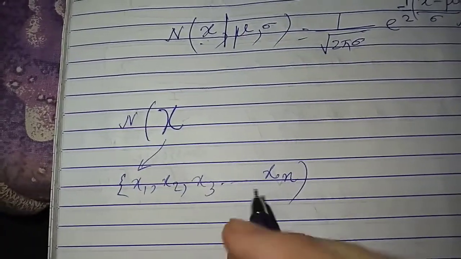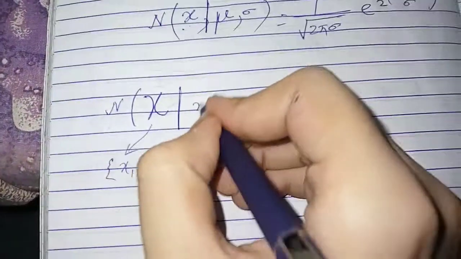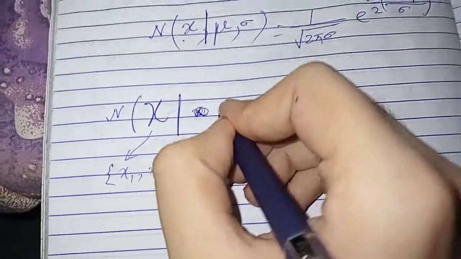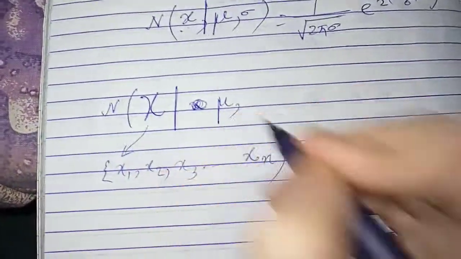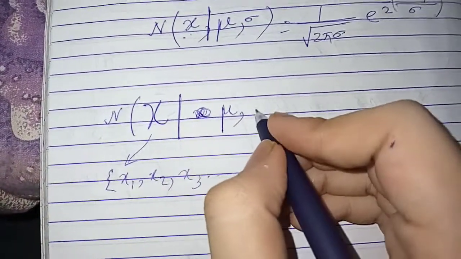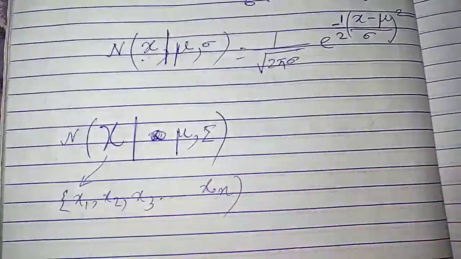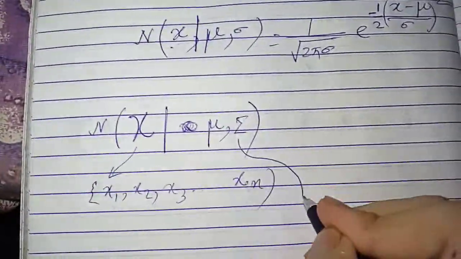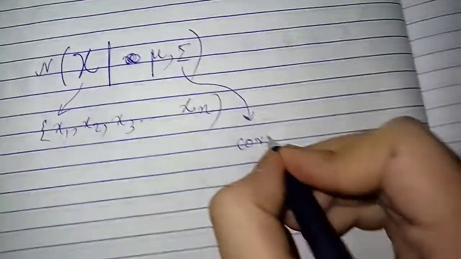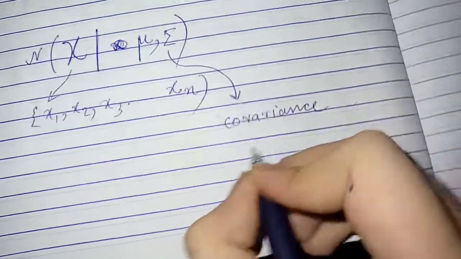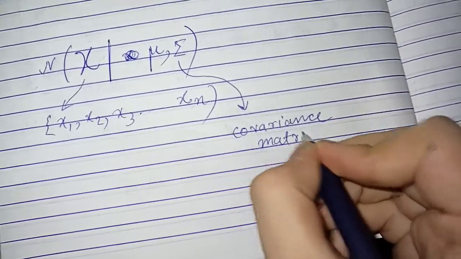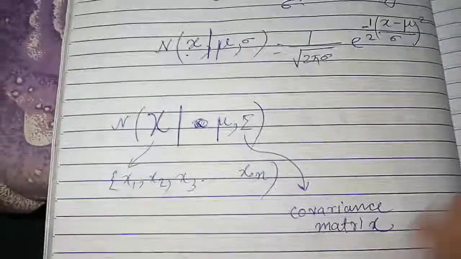Okay, so this is the value of mu, and you are also having the value of sigma. Here sigma becomes the summation. So what is sigma here? It is basically your covariance matrix. And its value is given as, I will be writing it in the next page.